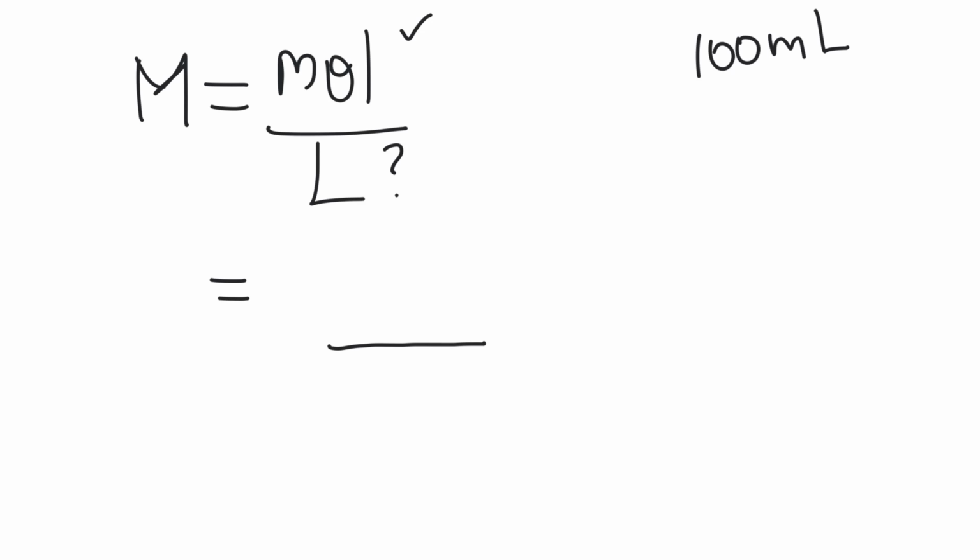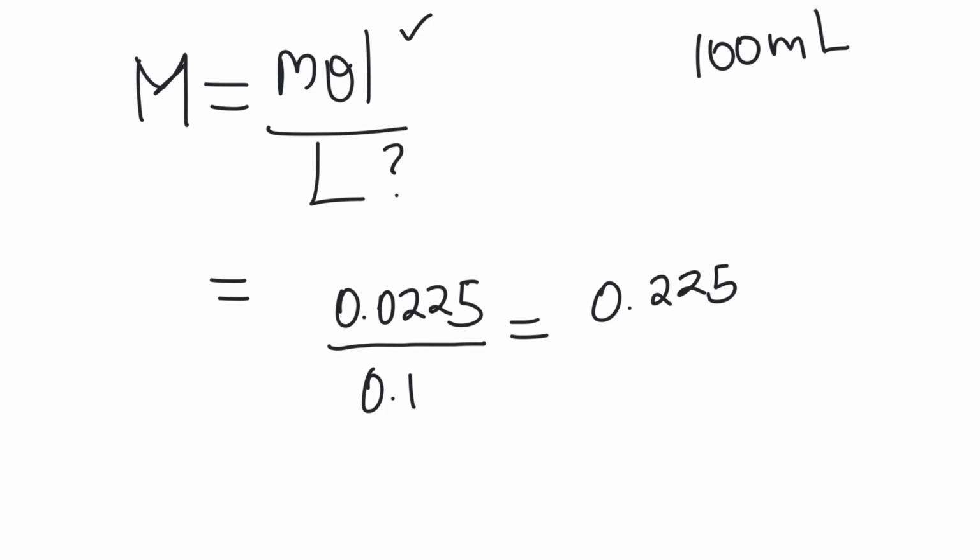But because we cannot use milliliters, we divide it by 1,000 and we get 0.1 liters. Now that you have 0.1 liters and you know how many moles you had, all you gotta do is plug in the numbers and get your answer, which is 0.225 molar.